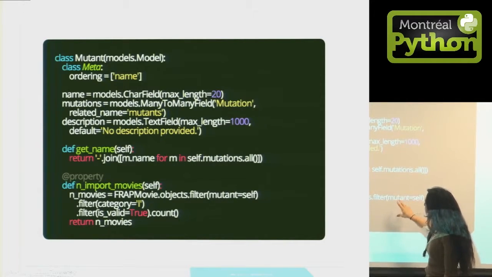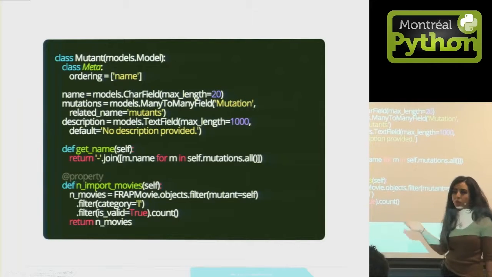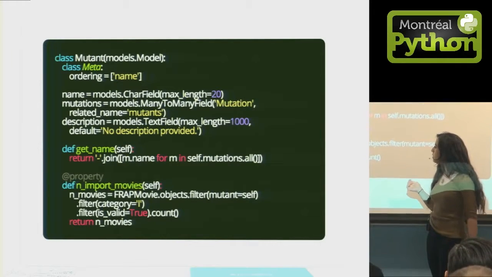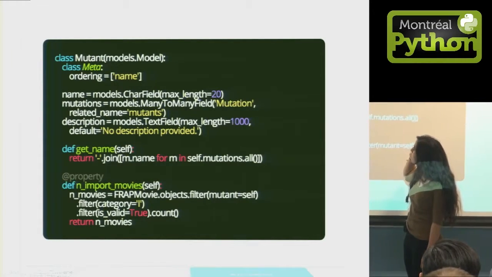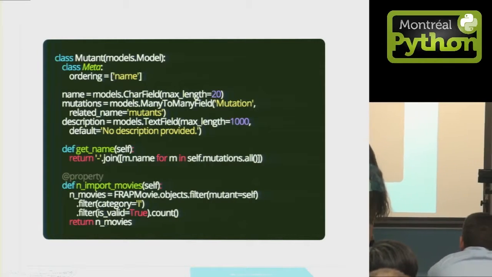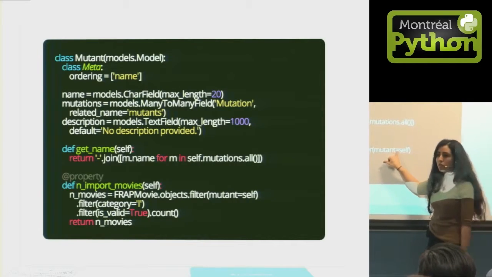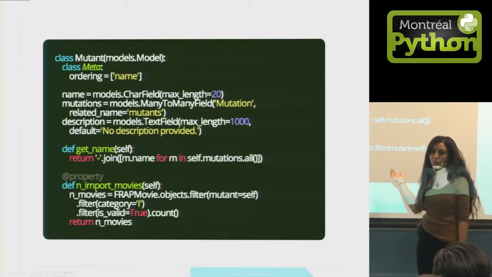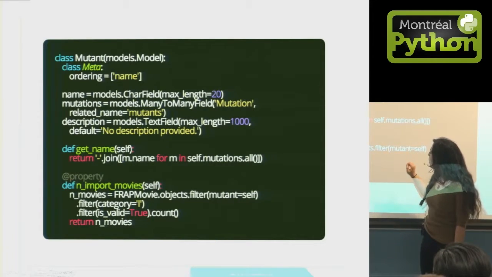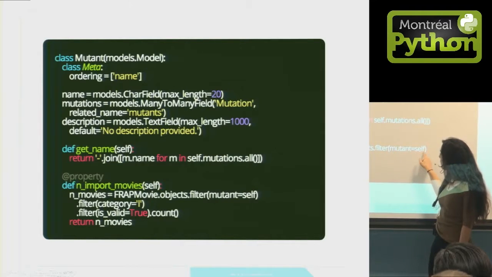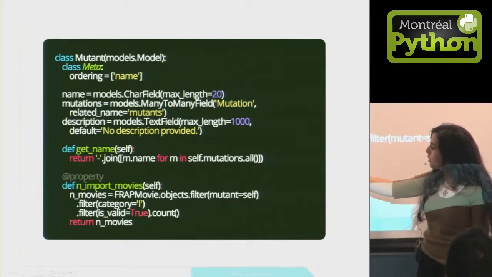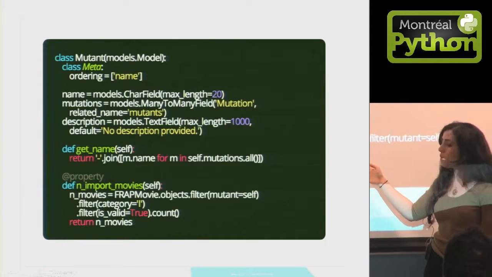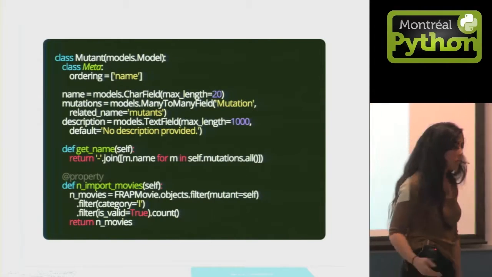Then I can have nifty things like, if I want to know, for example, the number of import movies for a particular mutant, I can use one single query, and this is very efficient because it passes the database only once. So you filter for this mutant, for the import category, and for only valid movies, and then you count those. That's just one way.